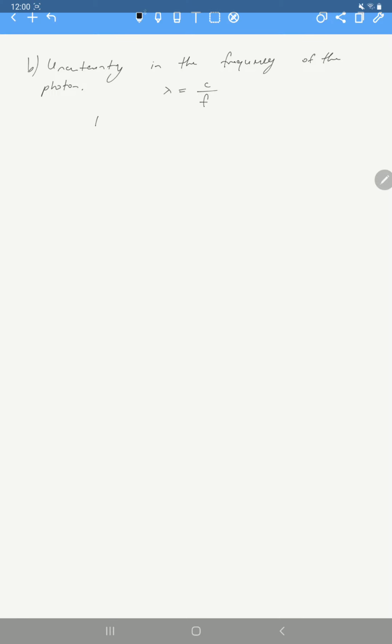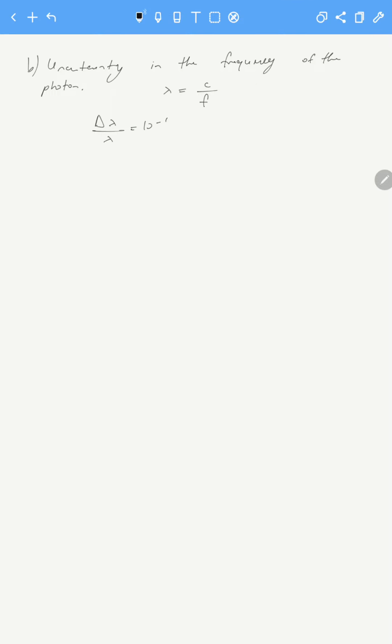Let's explain. So in part B, we have to find the uncertainty in the frequency of the photon. Now for a photon, we know that this holds, right? Now we know the uncertainty in the wavelength is 1 in a million.